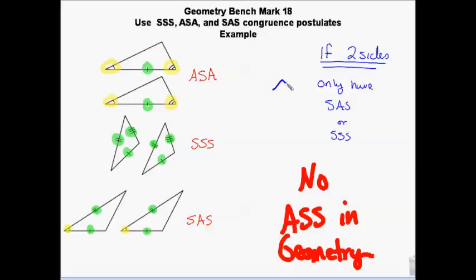If I have an angle, let's say I have this angle and this angle, let's say those are the same, and this side length matches this side length, and this side length matches this side length. These two lengths can be the same, and this angle can be the same, but if this angle is different than this angle, I'm not going to get congruent triangles. It actually won't make congruent triangles to have angle side side. It doesn't work. It's not just that we're being prudish. Though we are. Don't cuss in geometry class.